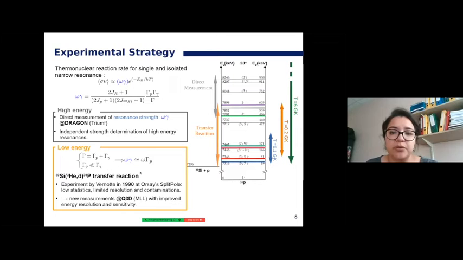We should point out that this particular reaction has already been measured at the Orsay split-pole, but with low statistics and a limited resolution. So states of interest for astrophysics were not observed. That's why we performed a new measurement of this transfer reaction using the Q3D with better resolution and sensitivity.